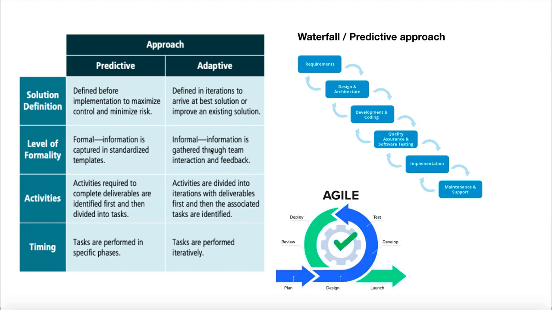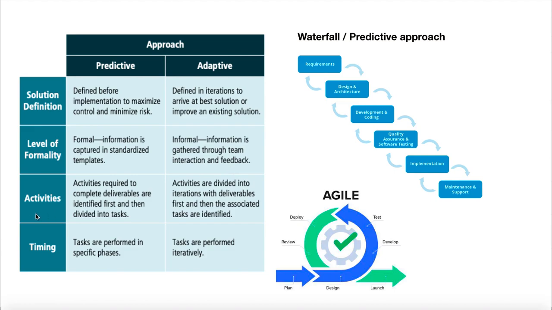So it's the language in which even the end users, the clients, and the development team can understand. The information is gathered through team interaction and feedback. So whenever elicitation is going on, when teams brainstorm, at all these times when you get feedback, information is being captured, and everything gets captured not in standardized templates. So that's another differentiator.